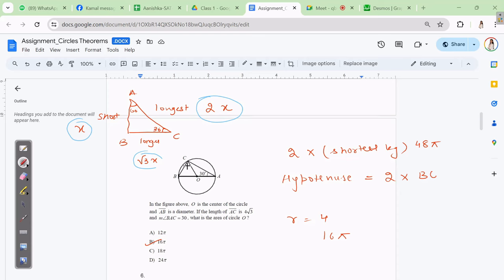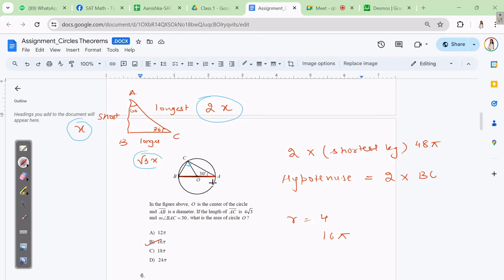So first of all, we can find that this angle will be 90, because this is based on a theorem that we did in yesterday's class, that the angle in a semicircle is a right angle. Remember that? This is the diameter.